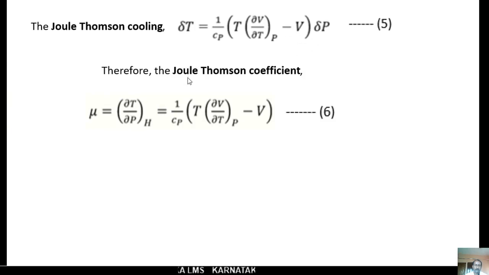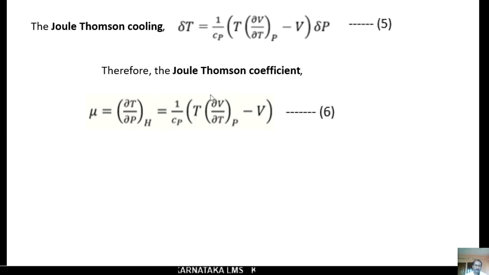Therefore, the Joule-Thomson coefficient is indicated by the symbol mu, that is mu equals ∂T/∂P. This is the Joule-Thomson coefficient, the ratio of ∂T/∂P, which is equal to the RHS of equation 5, that is 1 by Cp into T of ∂V/∂T minus V. This is equation 6.